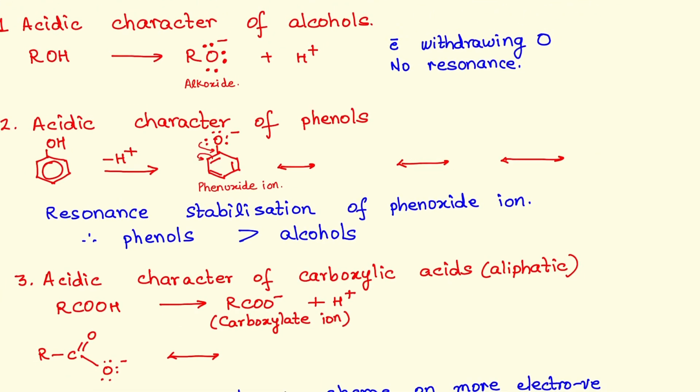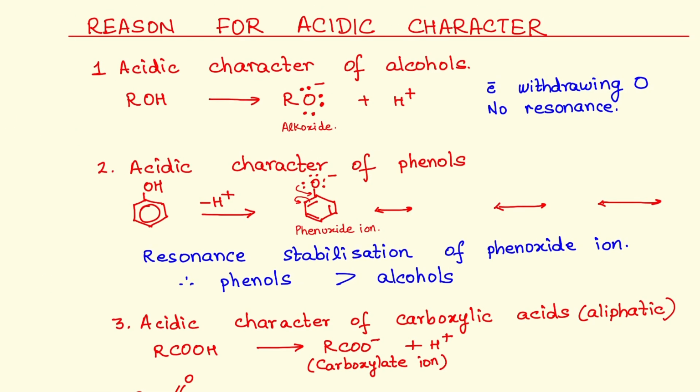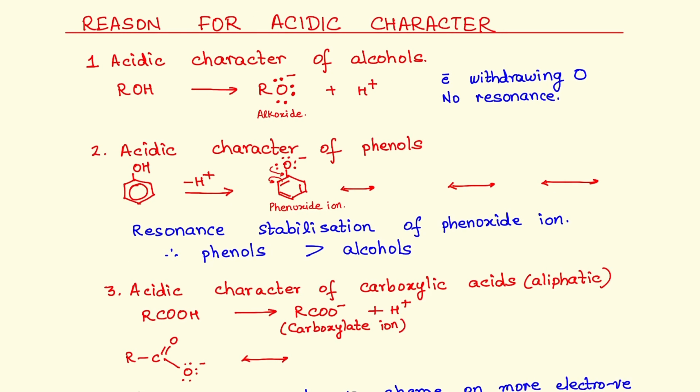I want you to take the initiative and draw the canonical structures in the blank spaces provided. Go ahead, pause the video. First of all, take down these notes, and after you've taken down the first few points, please go ahead and draw the canonical structures of the phenoxide ion.